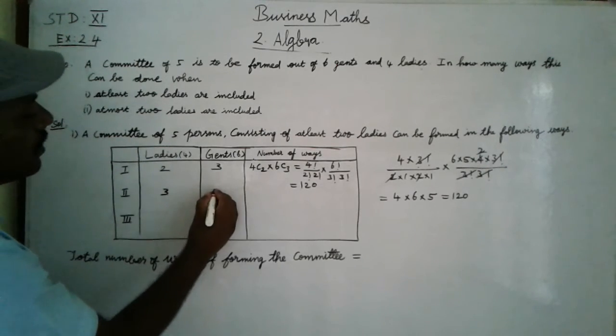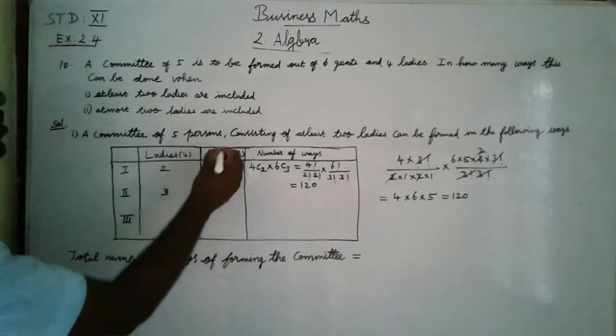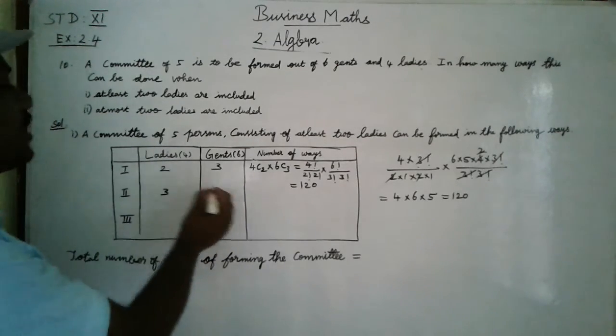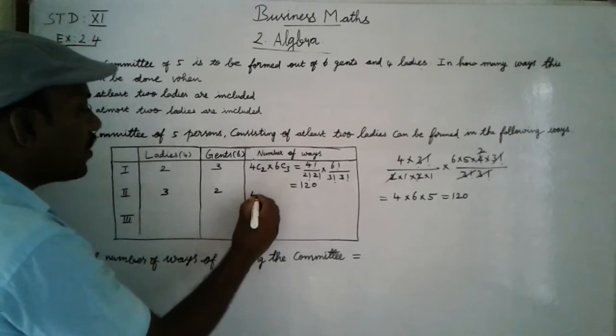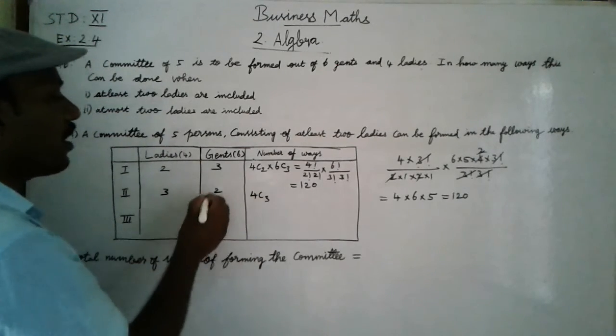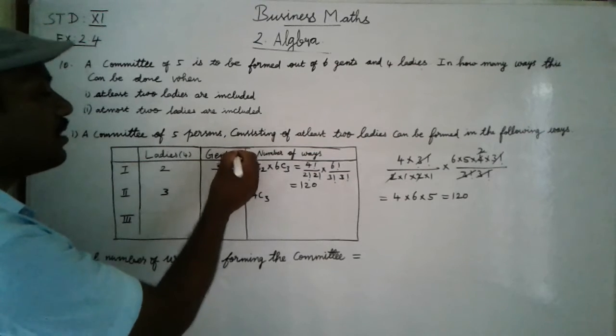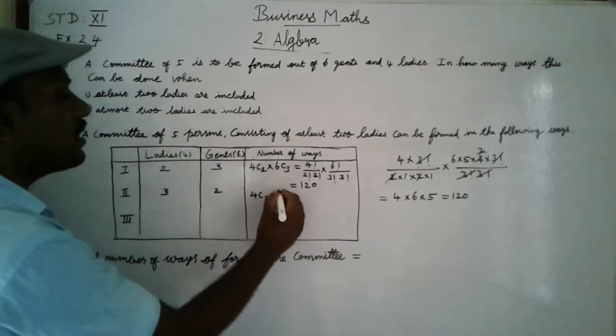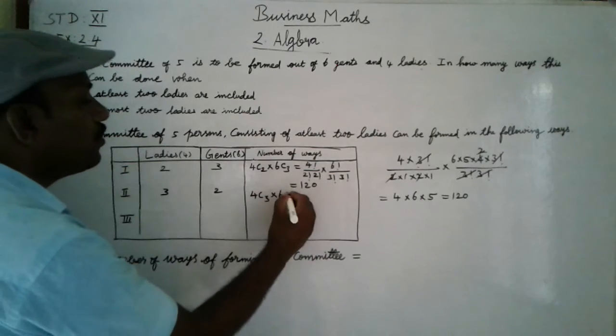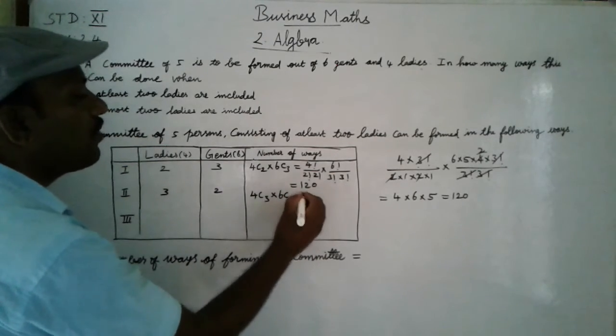3 plus 2 is 5. So 2 gents, so 3 plus 2 is 5. So what is, out of 4 is what? 4C3. Next, out of 6 is 6C2 equal to.